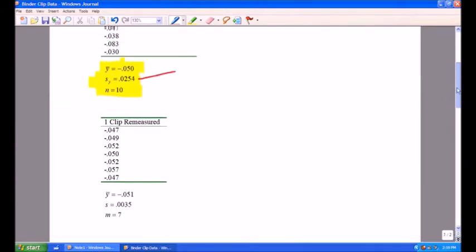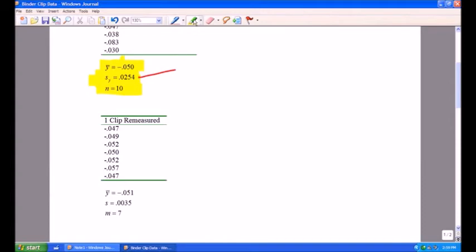And when I took one of those binder clips and remeasured it, I got these summary statistics, and my primary interest here is that sample standard deviation. And the question that I want to think about answering is, what do these summary statistics tell me about the real variability clip to clip in these binder clips?